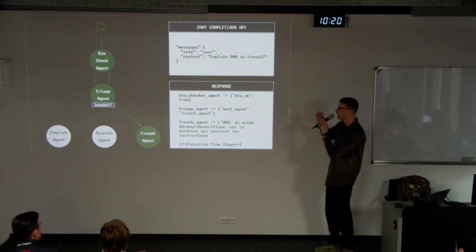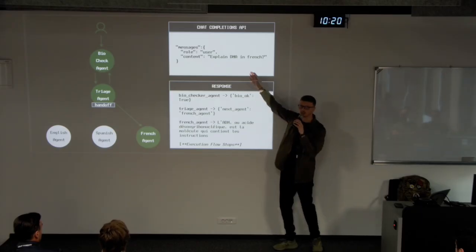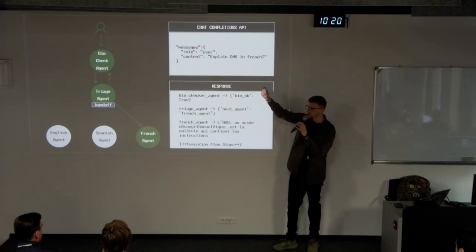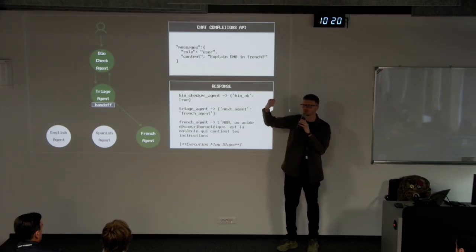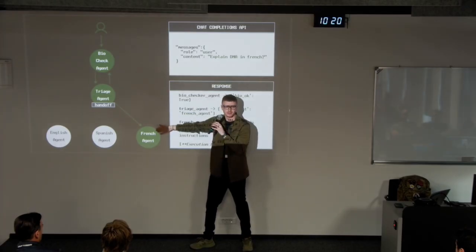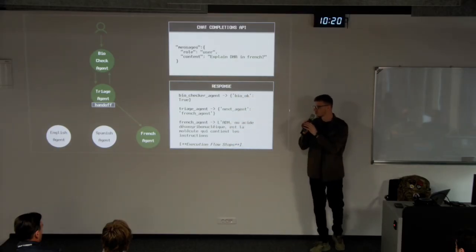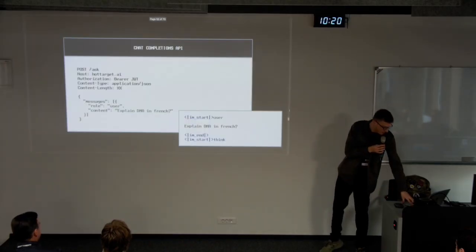However, if the message sent by the user is to explain DNA in French, then the triage agent would detect that the query is biology related, and because the user requested an explanation of DNA in French, it automatically hands off the query to the French agent, and then the French agent spoke French to us, which is something I don't really understand, but it's okay.